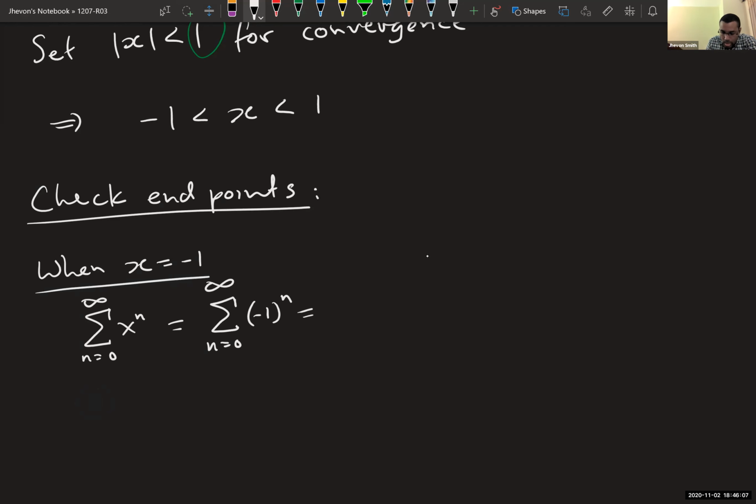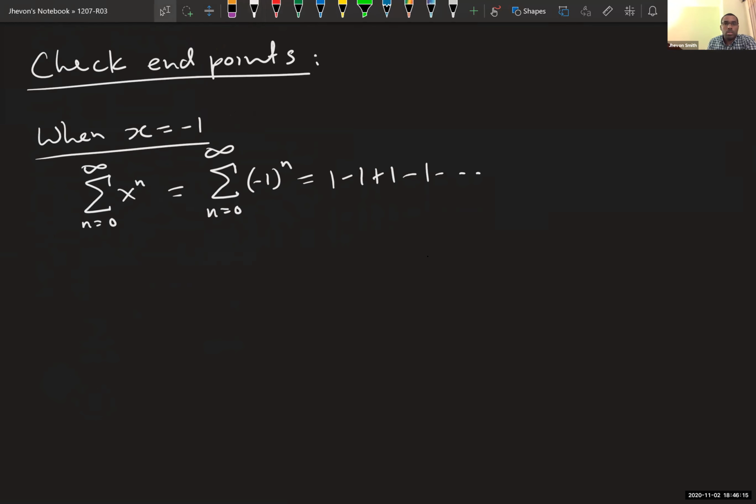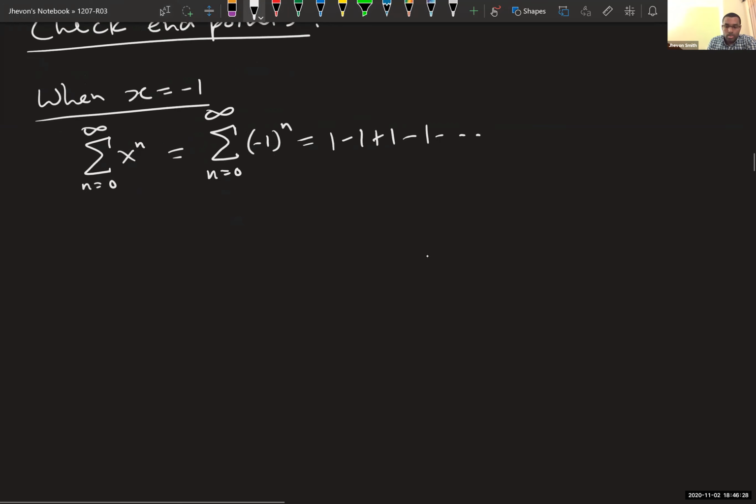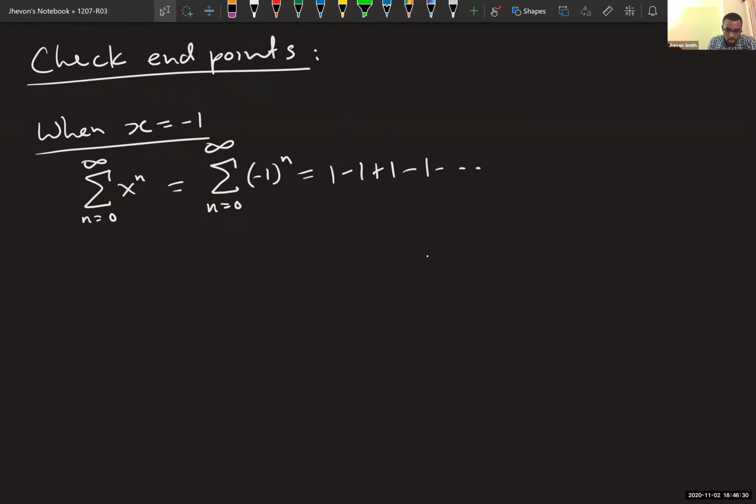That is just going to be 1 minus 1 plus 1 minus 1, converge or diverge? Wouldn't it diverge? It would diverge. How do you know? Because you wouldn't get to a value as you keep adding and subtracting 1.